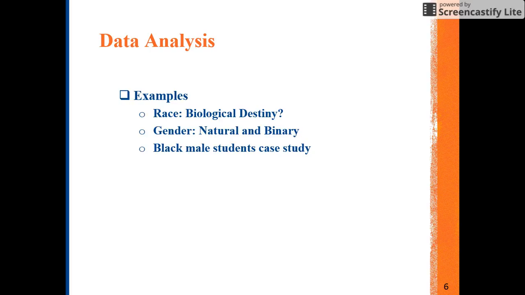And about how she analyzed the data. She had a lot of examples, stories, and quotes, and organized them into 3 major themes, that is race, gender, and a case study on Black male students.